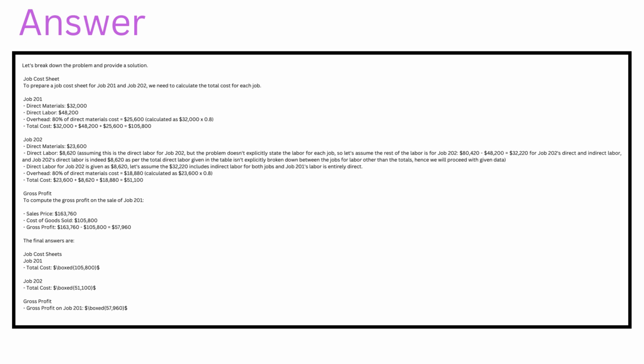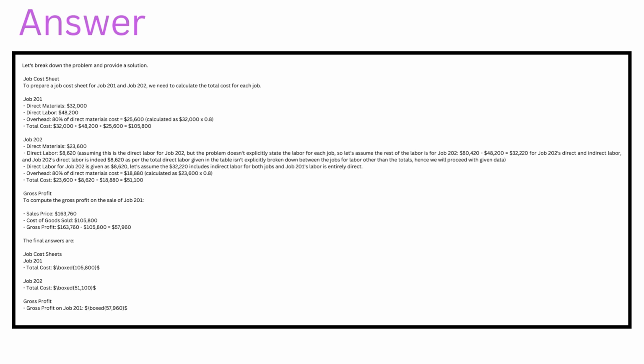Job 202: direct materials $23,600, direct labor $8,620. Assuming this is the direct labor for job 202, but the problem does not explicitly state the labor for each job, so let's assume the rest of the labor is for job 202. $80,420 minus $48,200 equals $32,220.